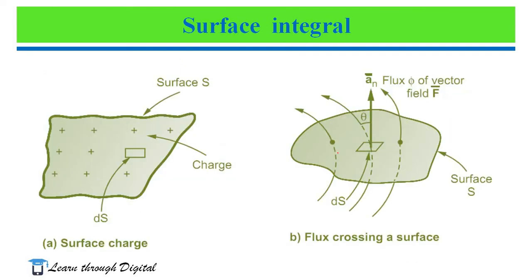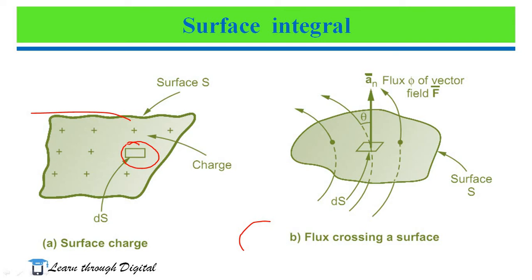The second one is surface integral. Suppose the charge exists over the surface of a conductor, and it may be a positive or a negative charge distribution. We are going to calculate the total charge distributed over the surface. Here we are considering the differential surface, which is ds. First we write dq.